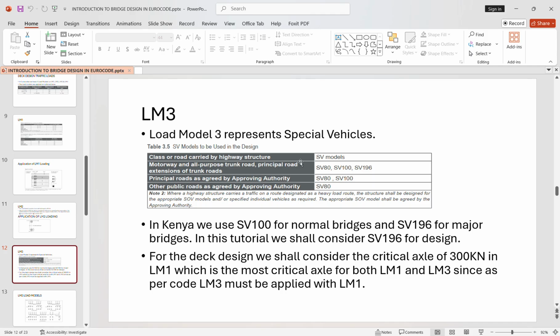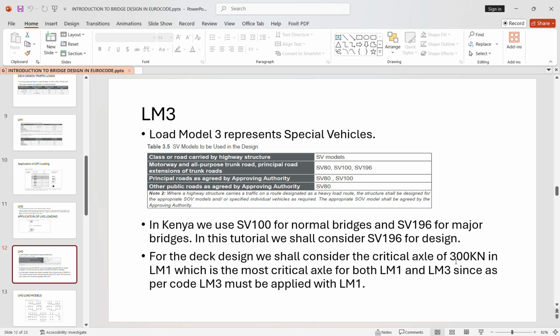For load model 3, this is the one that we actually use for designing our bridges. In Kenya, we normally use SV100 for normal bridges and SV196 for major bridges. In this tutorial, we shall cover SV for the design of girders, since that is where I will find it applicable.